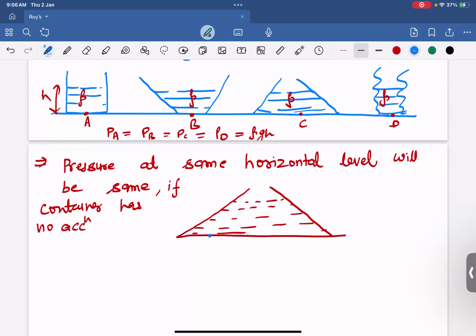So point number 1 A, point here B, or we can take point at C.